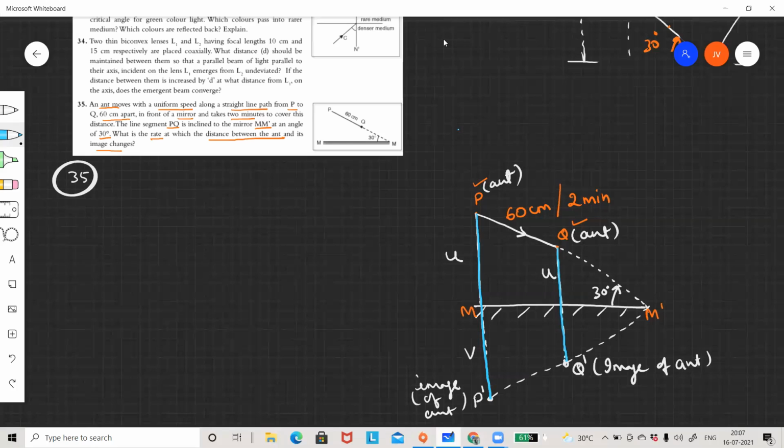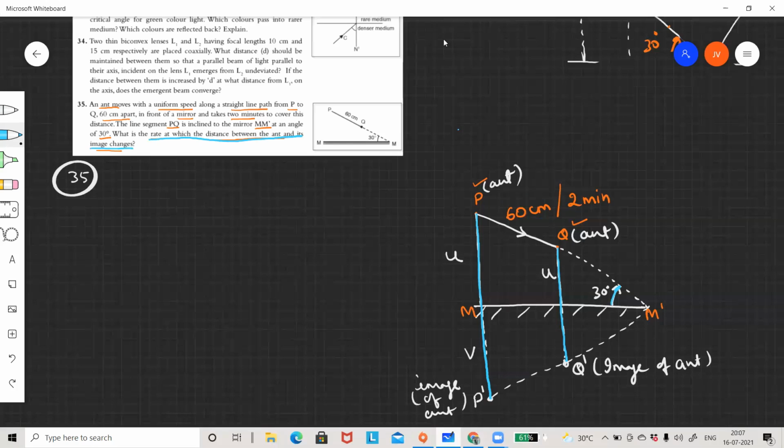For this purpose, in the hint they said use trigonometric ratios, but actually we can use either trigonometric ratios or the similarity concept, because we only know this angle of 30 degrees and the distance PQ. We really can't find any solution with this diagram, but we can do something else. First, see the rate at which the distance between the ant and its image changes.